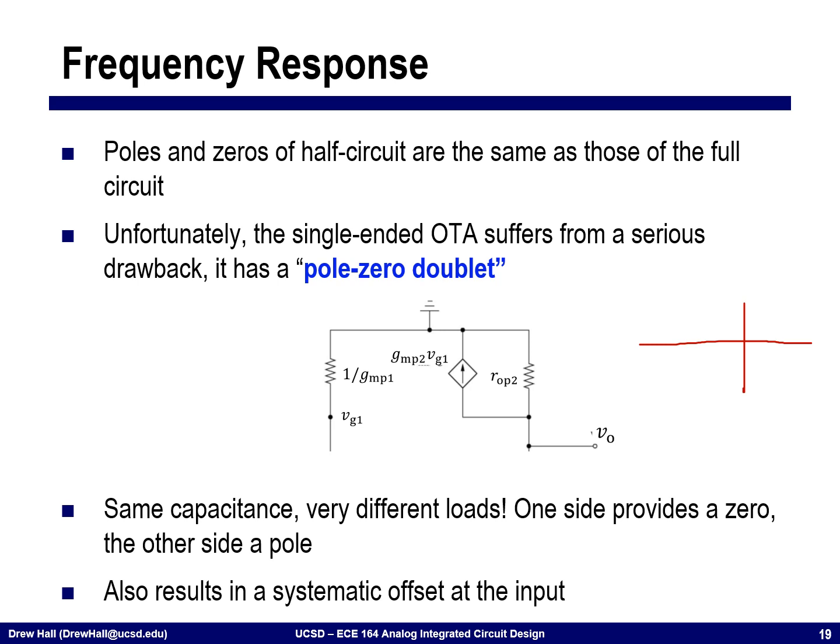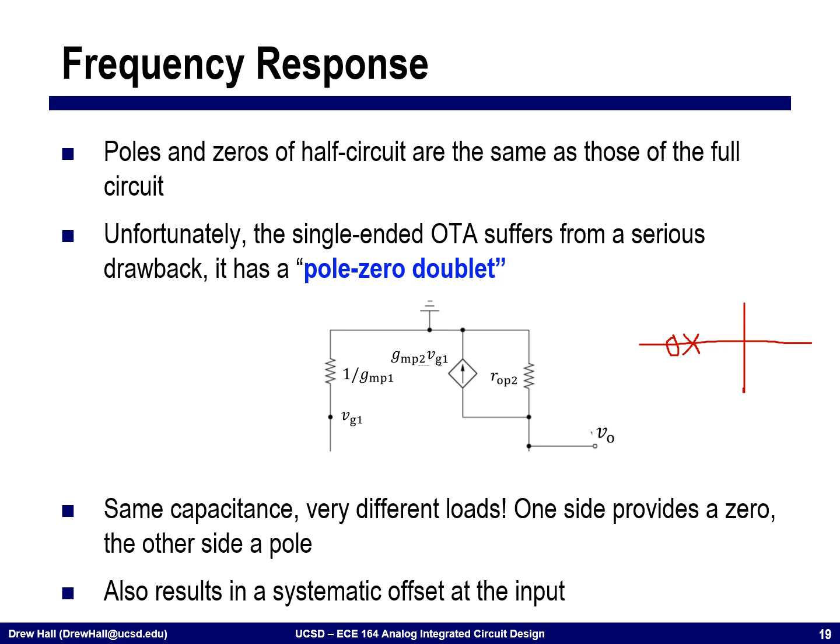However, the pole zero doublet refers to me having a pole and a zero that are very close in frequency, but not on top of each other. Okay, and so this can give rise to some very bad frequency response. It can have very slow settling in particular. It can also induce ringing in the output.